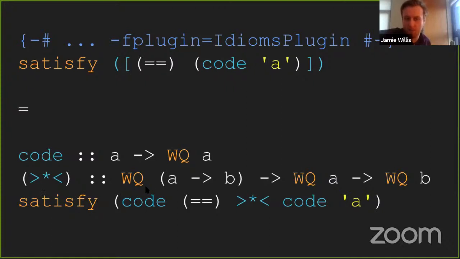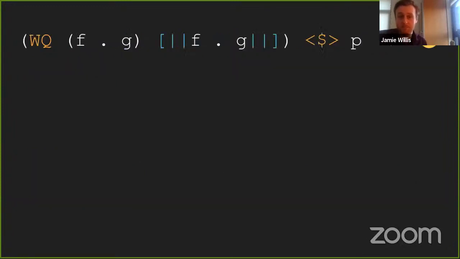And it's quap because it works with codey things, Qs. And so basically, the idiom brackets will get translated into equals f mapped onto code A, or f quapped, I suppose. And so that means we'll take the code of equals and we'll quap it onto the code of A. So that's all this plugin does. It's a slight convenience.